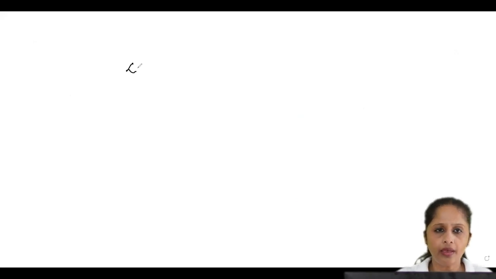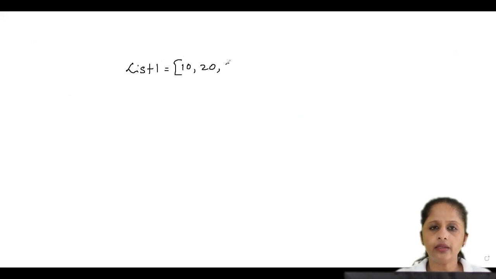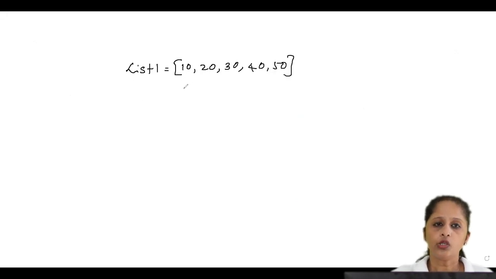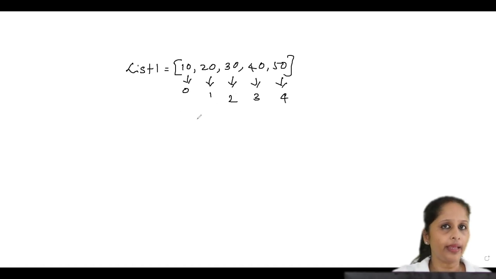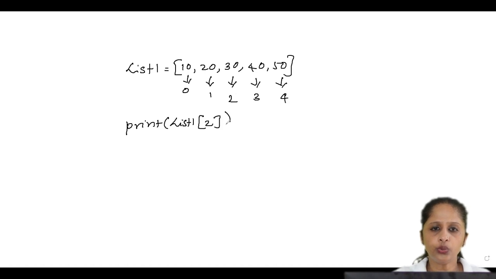For example, if you have a list1 which is equal to 10, 20, 30, 40 and 50, here we have indexes, you know that: 10 is in the 0th position, 20 in 1, 30 in 2, then 3, and 50 is in the 4th position. So using the index you can access the values inside a list. If you print list1 of 2, you will get the output 30.